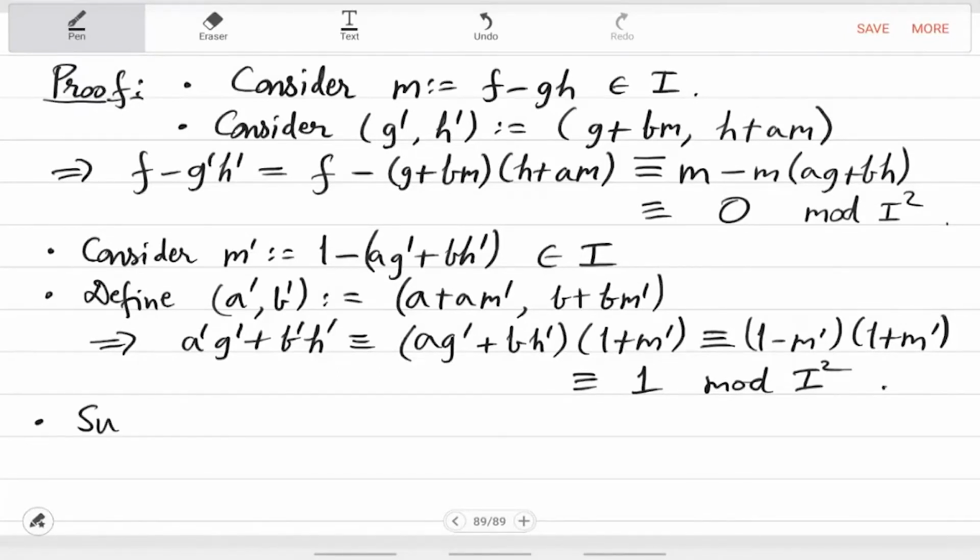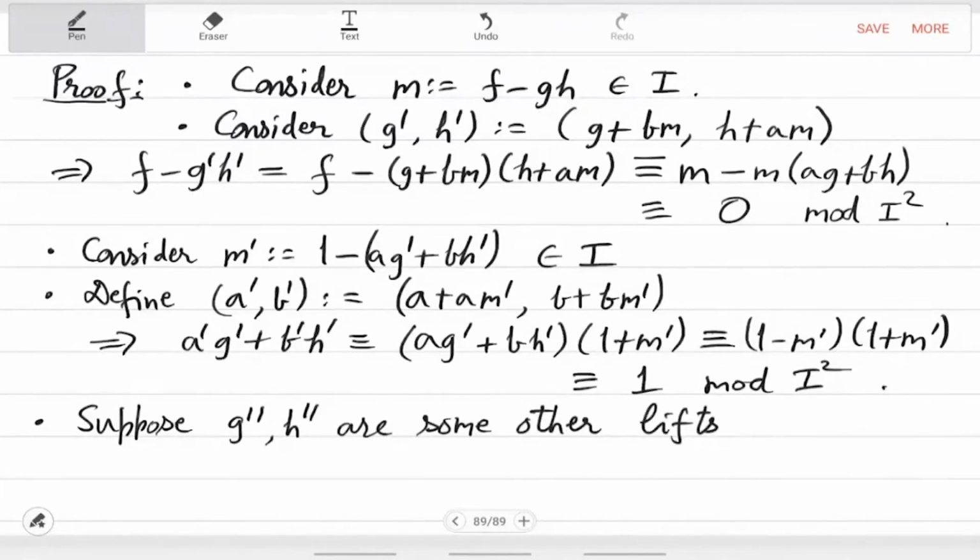So suppose it is possible. Suppose there are some other lifts of g and h respectively.